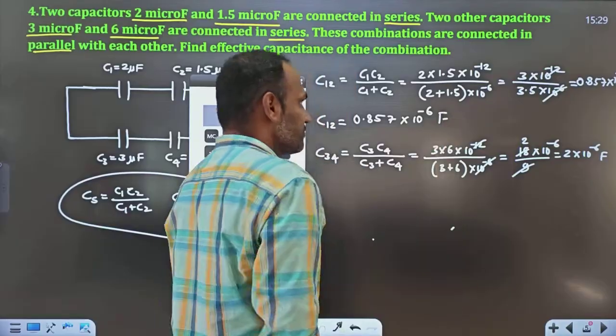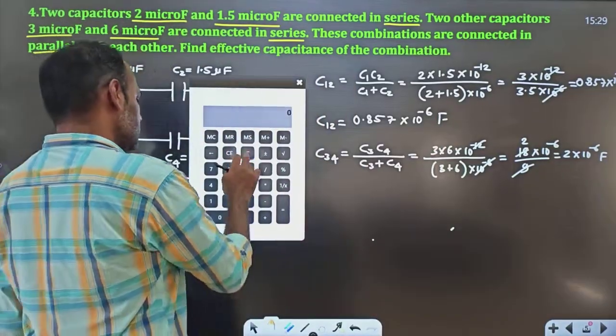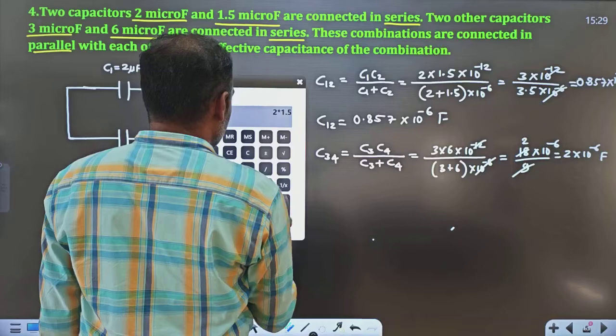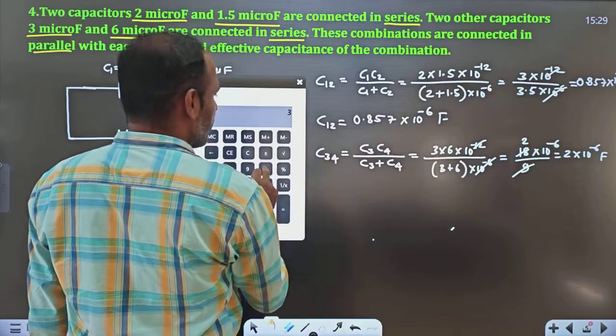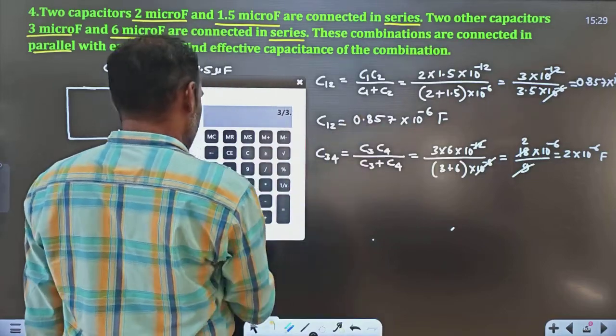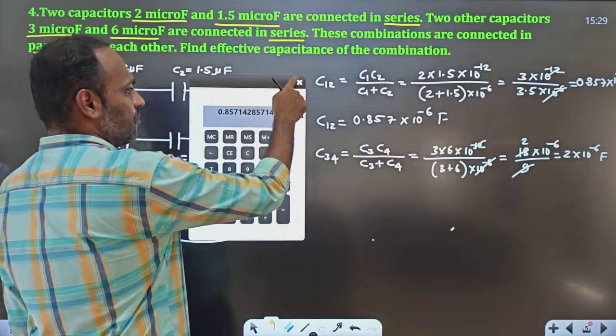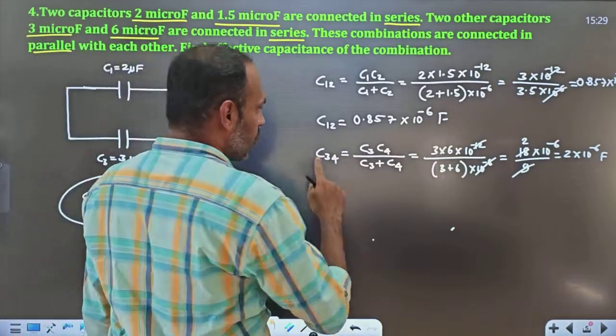Correct? So this is what I will get, 3 divided by 3.5 is 0.857.